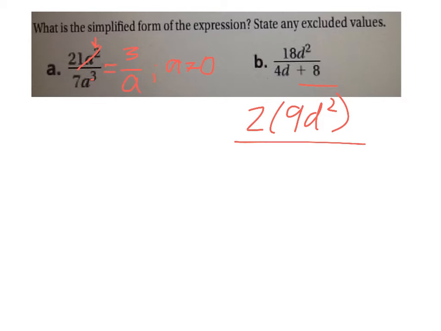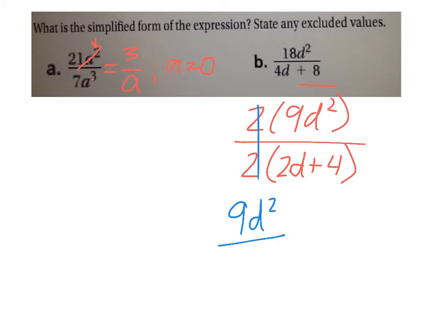And on the bottom, when I factor it out, that gives us 2 times 2d plus 4. So now my 2 divided by 2 cancels off. There's nothing more I can simplify from this point on. So my answer is 9d squared over 2d plus 4.